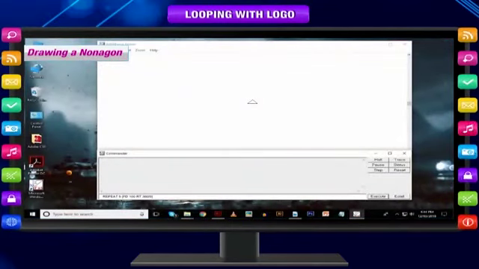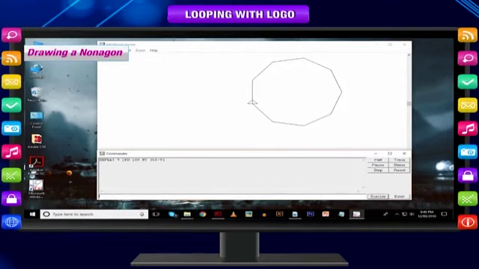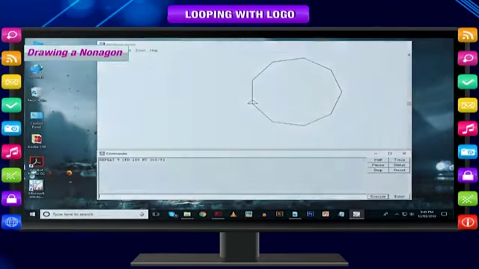Number of sides 9. Repeat 9 times. Degree of turn 360 divided by 9. Command used: repeat 9 [FD 100 RT 360 / 9]. See how easy it becomes when you use the repeat primitive.